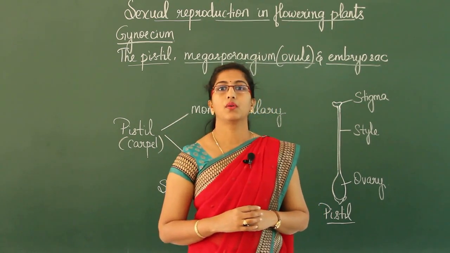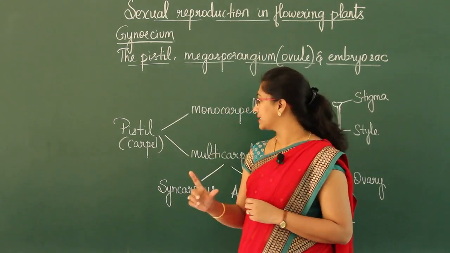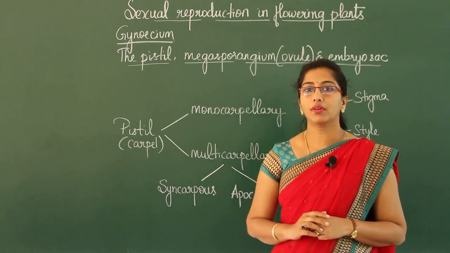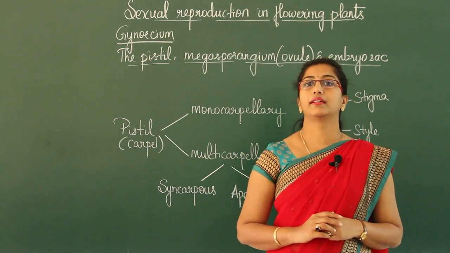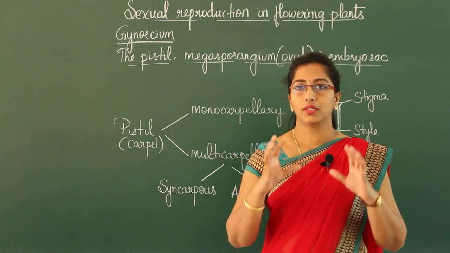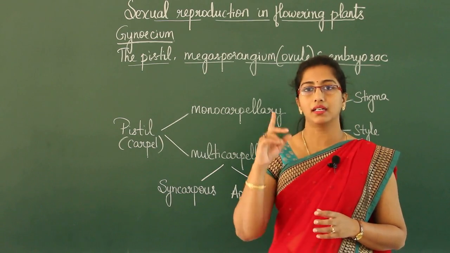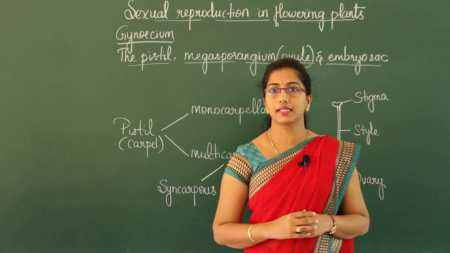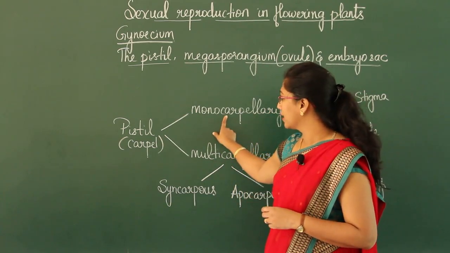When there is only one pistil in a flower, we call it monocarpellary. That is the term we use to describe a condition where a flower has a single pistil.